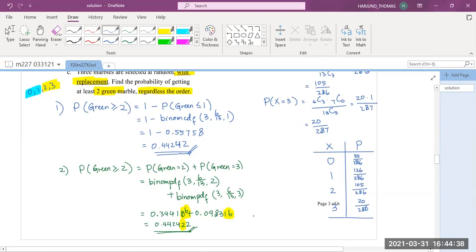So 35 plus 126 plus 105 plus 20 equals to what? You will see that equals 286 over 286, which is 1. That's what we need. Therefore it forms a probability distribution.